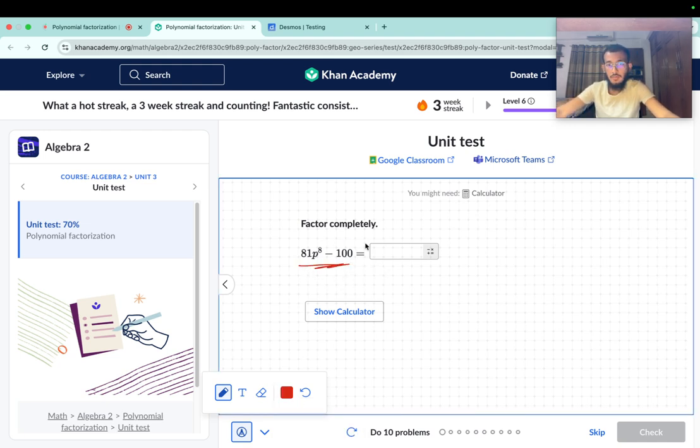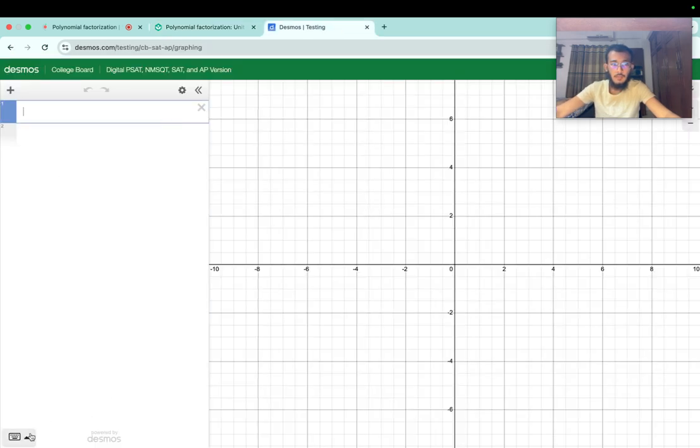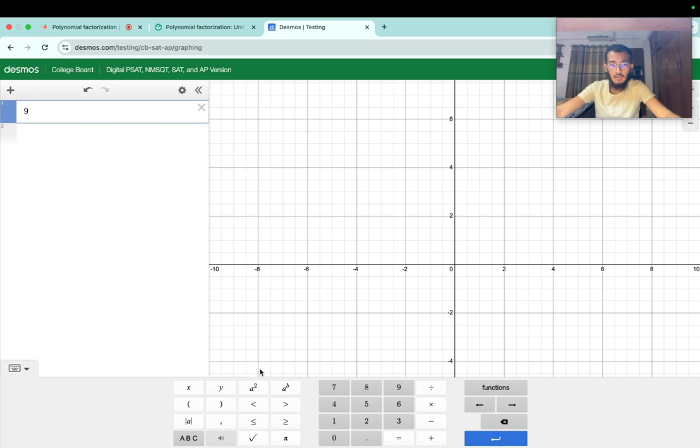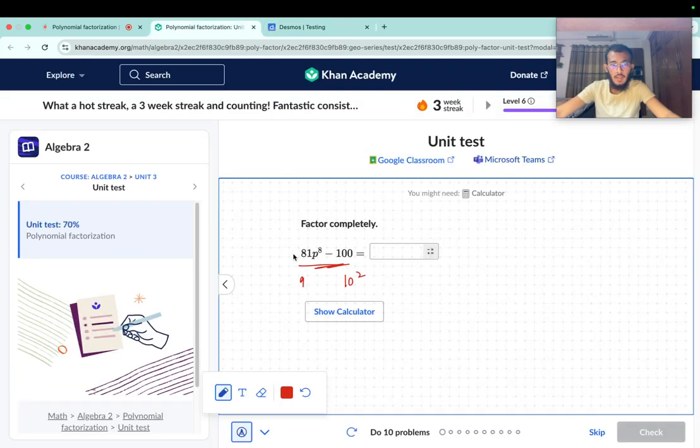Okay, so I can write 100 as 10 squared and 81 as 9 squared. We know that 9 squared is 81. And we can take out p to the power 4 outside, so that if we square that, the power gets multiplied.